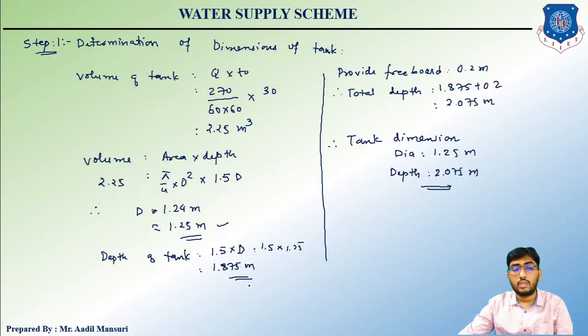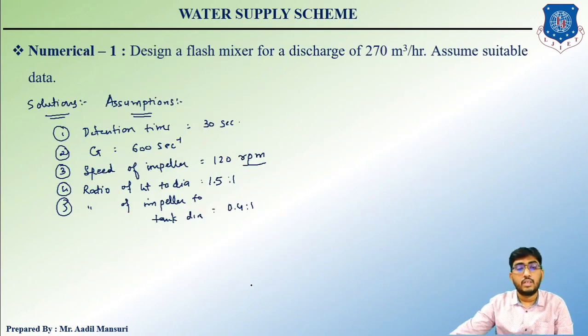Okay, so let's go through quickly. So we have assumed detention time, right? That is 30 seconds. Mean velocity gradient G 600 per second. Speed of impeller 120 rpm. Ratio of height to diameter 1.5:1, and ratio of impeller to tank diameter 0.4:1.